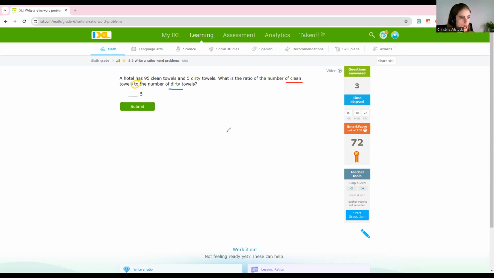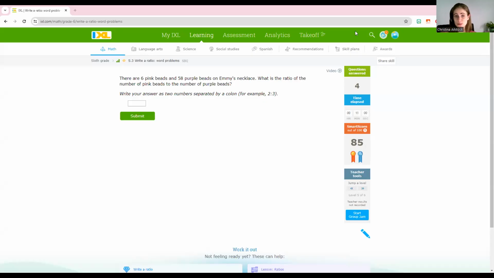When I go back and reread the problem, I see there are 95 clean towels and 5 dirty towels. So our answer would be 95 clean to 5 dirty. In the answer box, they already have the 5 in for us, so all we need to do is type in the 95 out front. Then we'll be able to hit submit and have the correct answer.